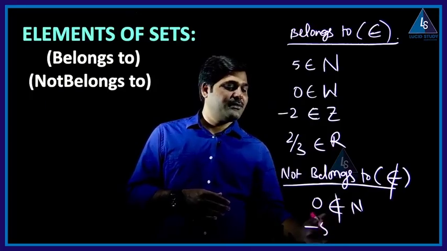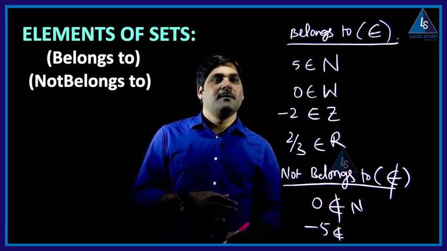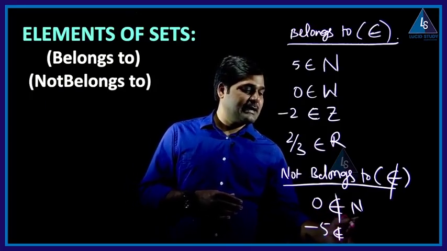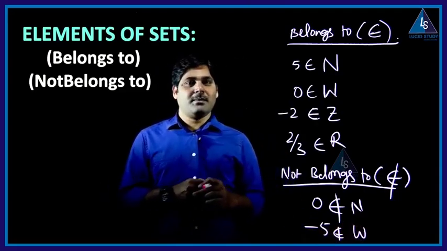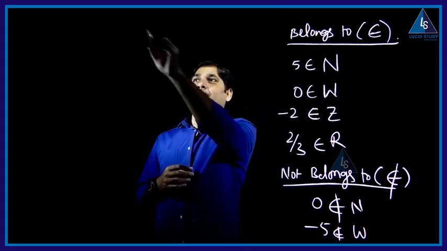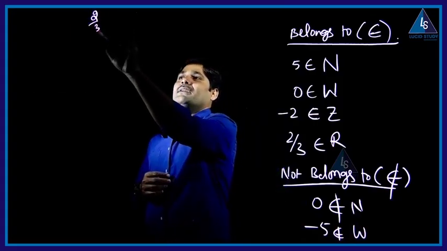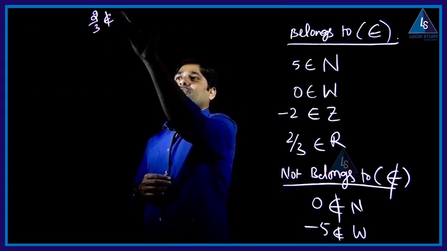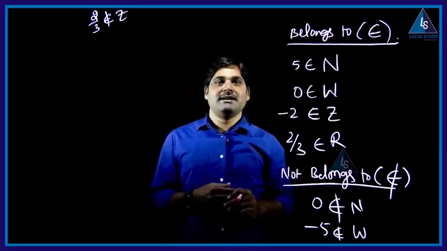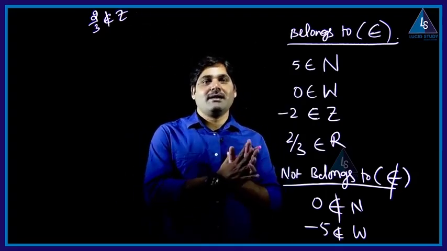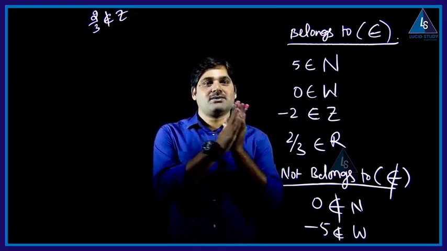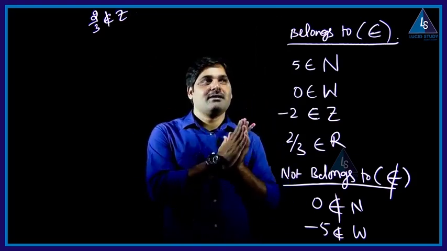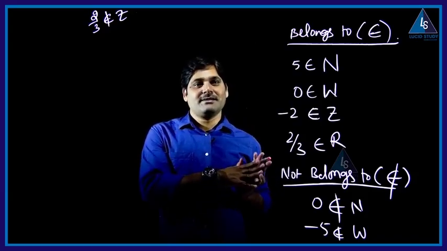Similarly, minus 5 does not belong to whole numbers, so minus 5 does not belong to W. Similarly, minus 2 by 3 does not belong to integers Z. So like this we can say that a certain element belongs to one set or not.